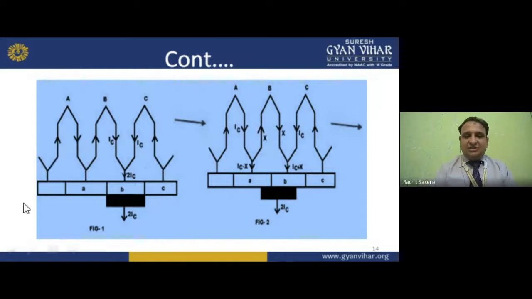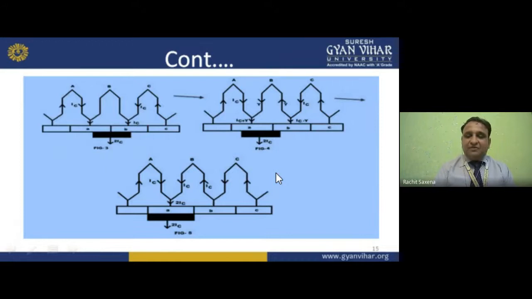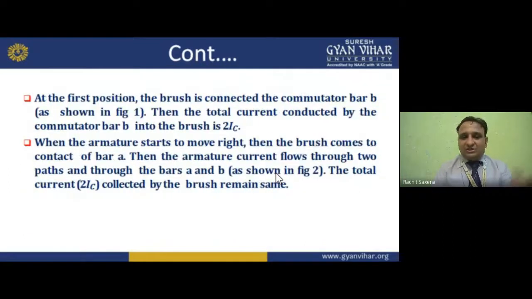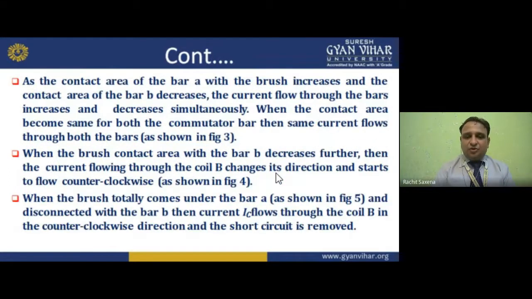That is what I want to show you in these diagrams, figure 1, figure 2, figure 3, figure 4 and figure 5. The statement which I told you, the previous statement, tells you all this: what happens for 3, what happens for 4, what happens for 5. So that is the commutation process.